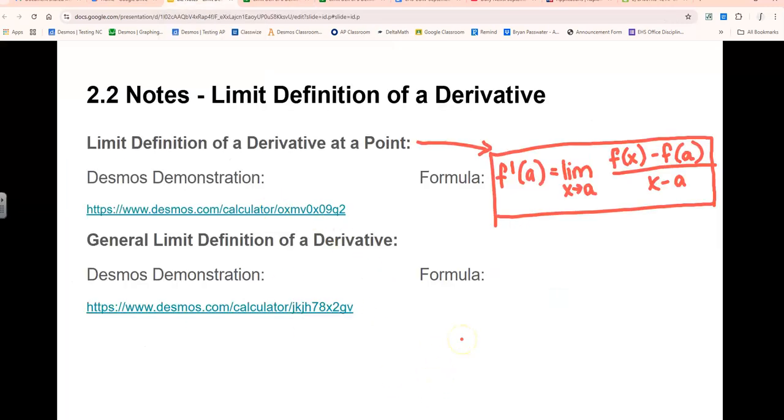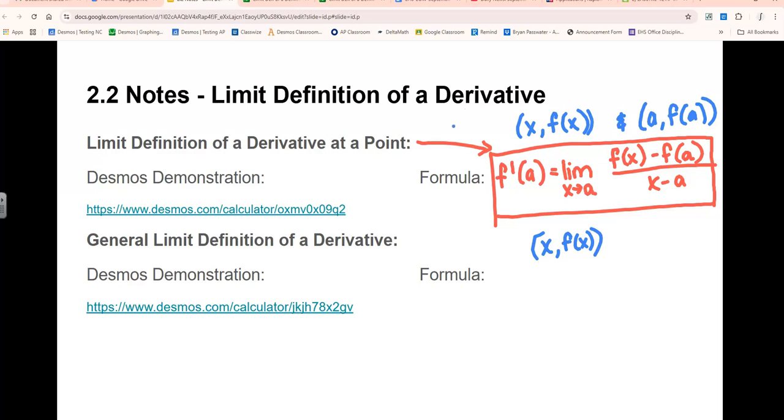So my 2 points that I'm considering in this formula are x, f of x. That was the same as my other formula, right? My 2 points there were x, f of x, and a, f of a.